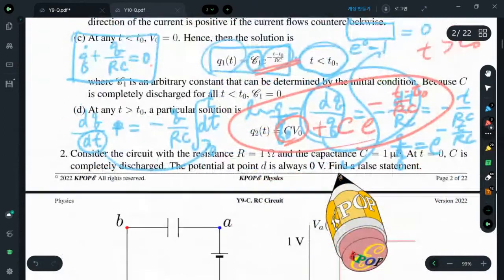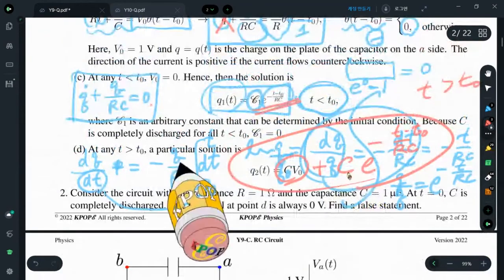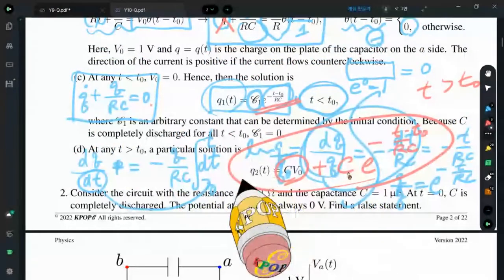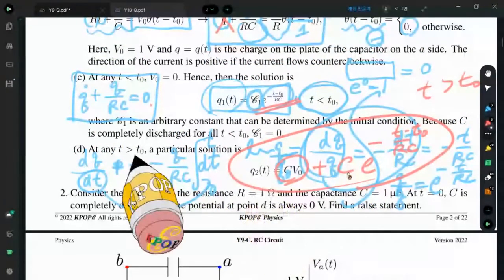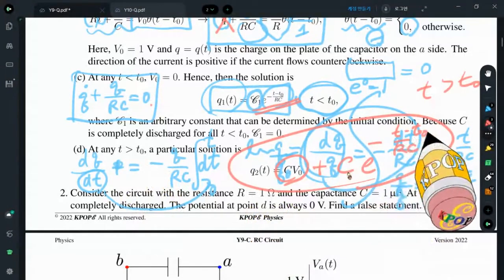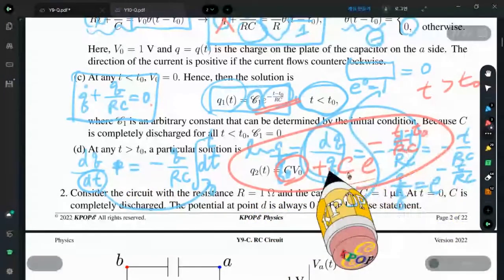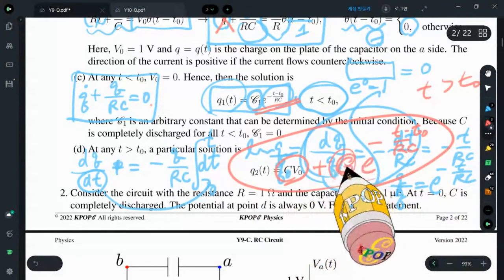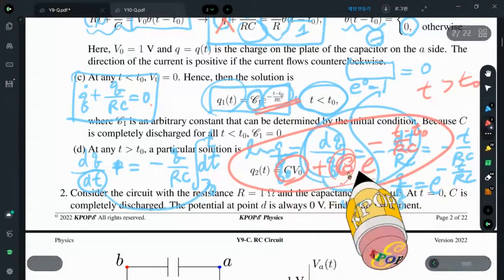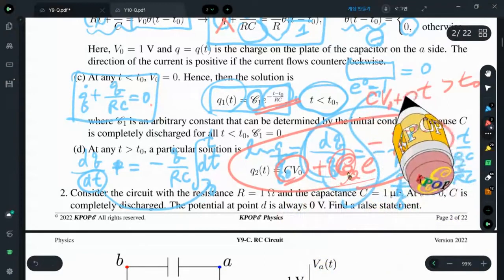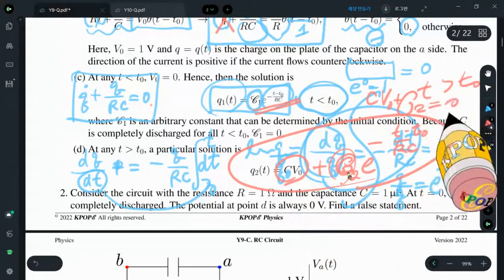Again, by making use of the initial condition that charge Q is 0 at t equals t0, if I substitute t equals t0, this one becomes a constant, and let me call this a calligraphic C, or C2. So CV0 plus C2 equals 0.